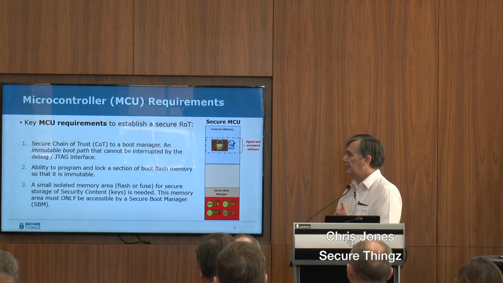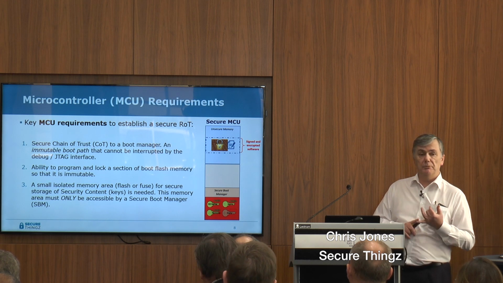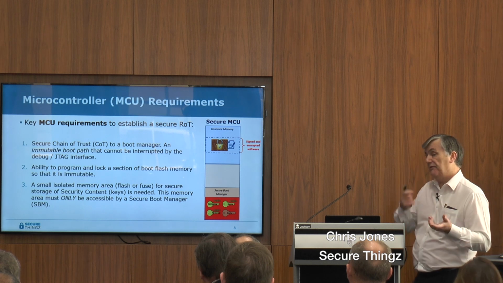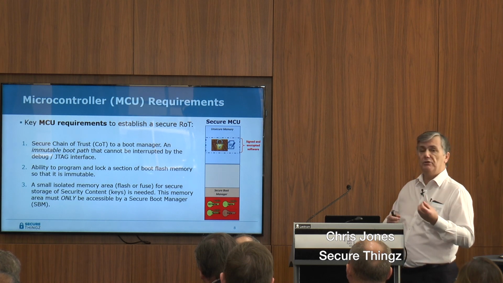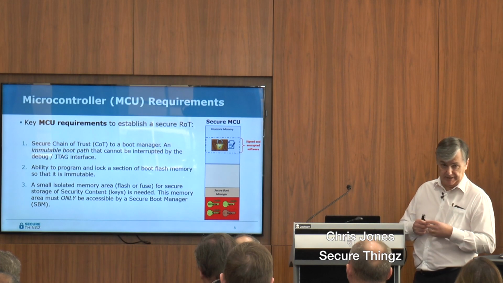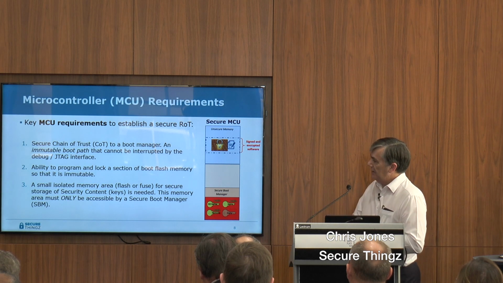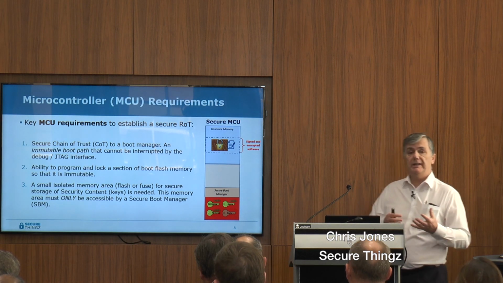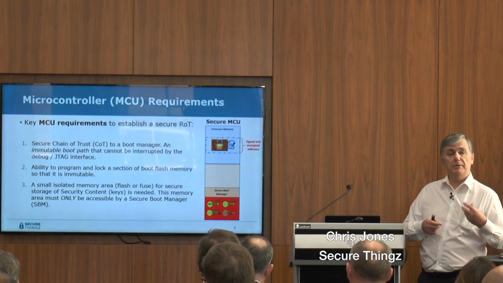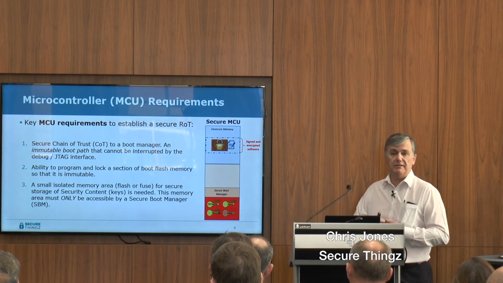The other is the ability to program and lock a section of boot flash memory so that it is immutable. So ideally you want to be able to put some other software in there, maybe say a secondary bootloader, that you can lock off and make sure that the end application cannot access that part of memory. And a small isolated memory area for holding secure keys as well. So this is where you will hold the private keys, maybe the private key pair that you've created for the identity of this product.